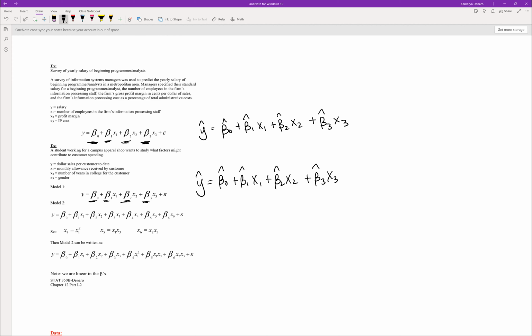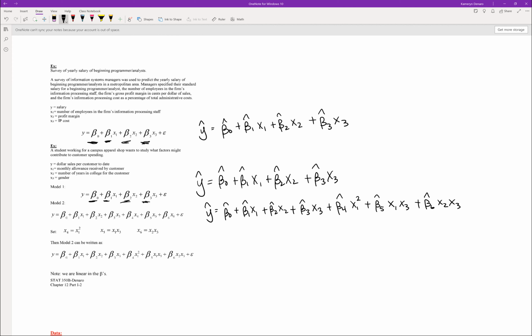So if we were going to write this model out, we'd actually get y hat equals beta 0 hat plus beta 1 hat x1 plus beta 2 hat x2 plus beta 3 hat x3 plus beta 4 hat, in this case x1 squared, plus beta 5 hat x5, which is just x1 times x3, plus beta 6 hat, and then we have x2 times x3.